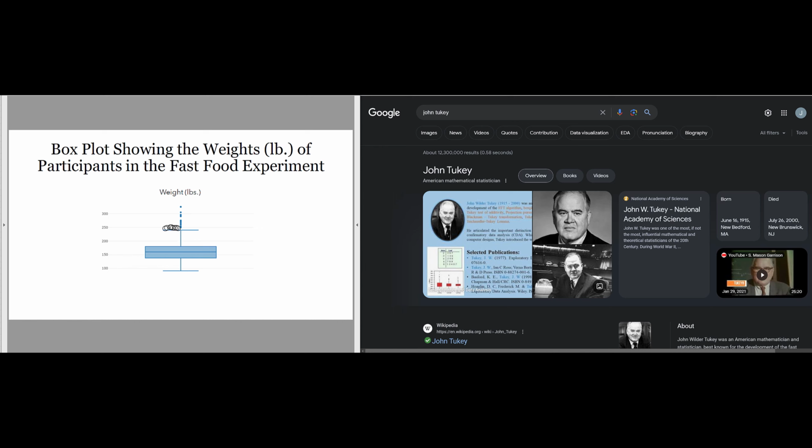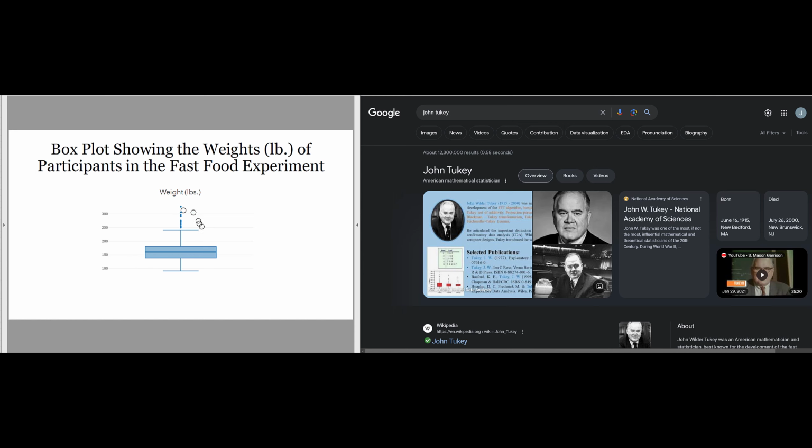We differentiate people in the upper quartile who are more than 1.5 times the interquartile width away with these dots. And so we can see that on the upper end, we have some outliers, where an outlier here is just defined to be someone whose weight is more than 1.5 times the interquartile range above the interquartile range itself.